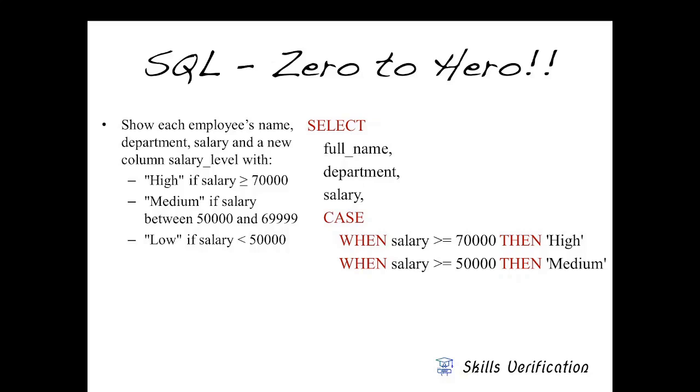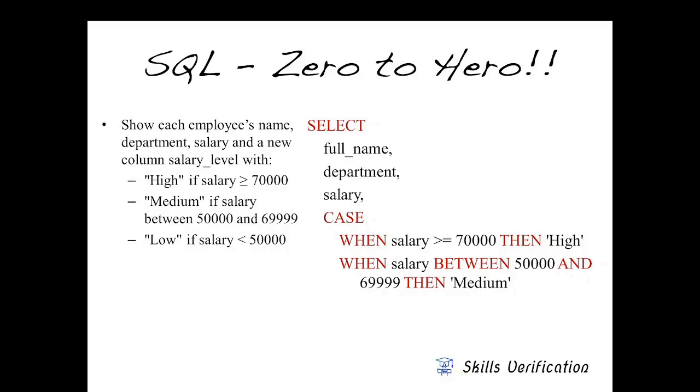One alternative way we could write this line is, when salary greater than or equal to 50,000 and salary is less than or equal to 69,999, then medium. In fact, we could even use the between statement by writing, when salary between 50,000 and 69,999, then medium.